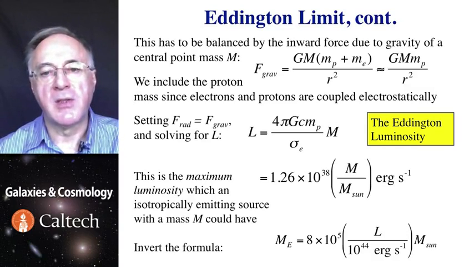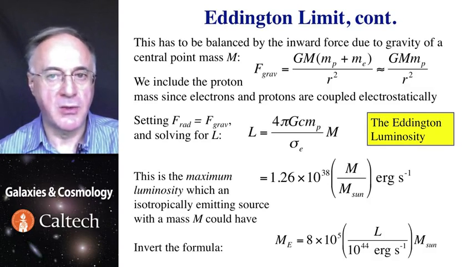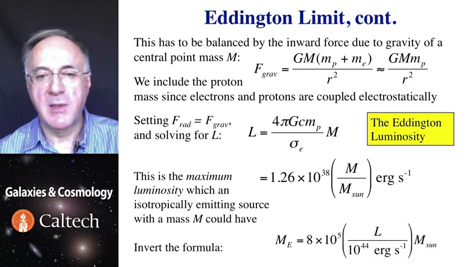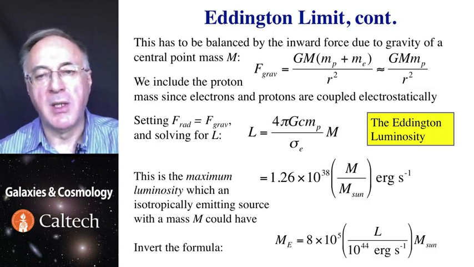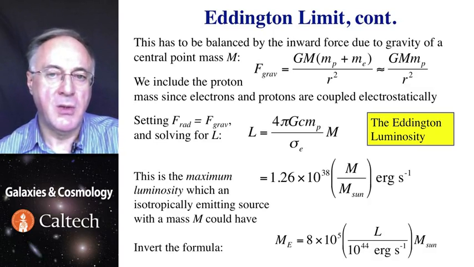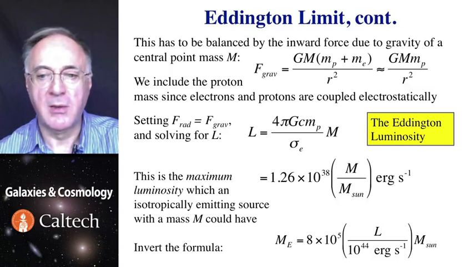So the equation of these gives you the limiting luminosity. If luminosity is larger than that, the radiation pressure wins and the thing blows itself apart. If it's less than that, it can still be in some sort of equilibrium. So the largest luminosity you can have around any given mass is given by this formula, the Eddington luminosity.